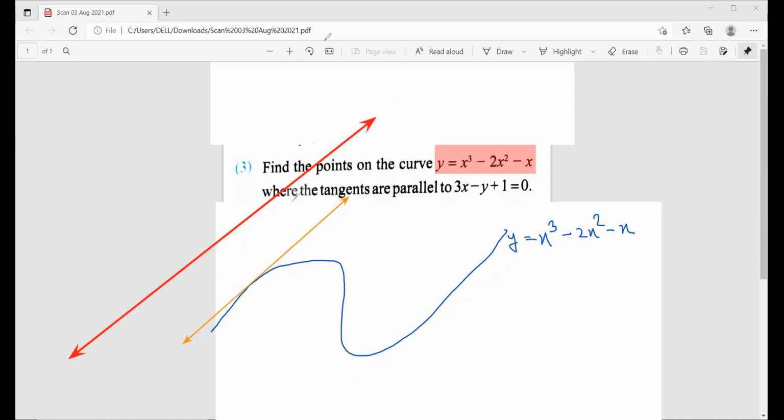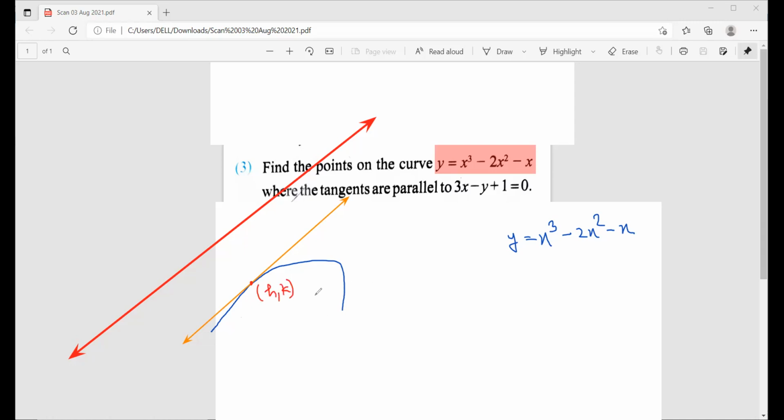You do not even draw the curve the way I drew, because you do not know how a cubic equation would look like. You draw only this much, and then you have your h comma k.